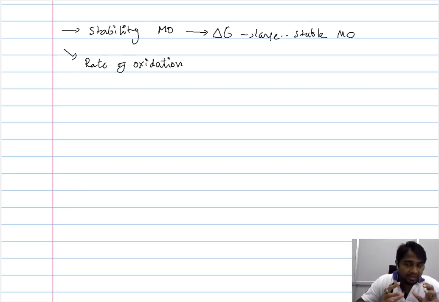So in order to enhance the stability of the metal oxide, you introduce the elements with large stability or large change in the free energy onto the elements with the low change in the free energy.